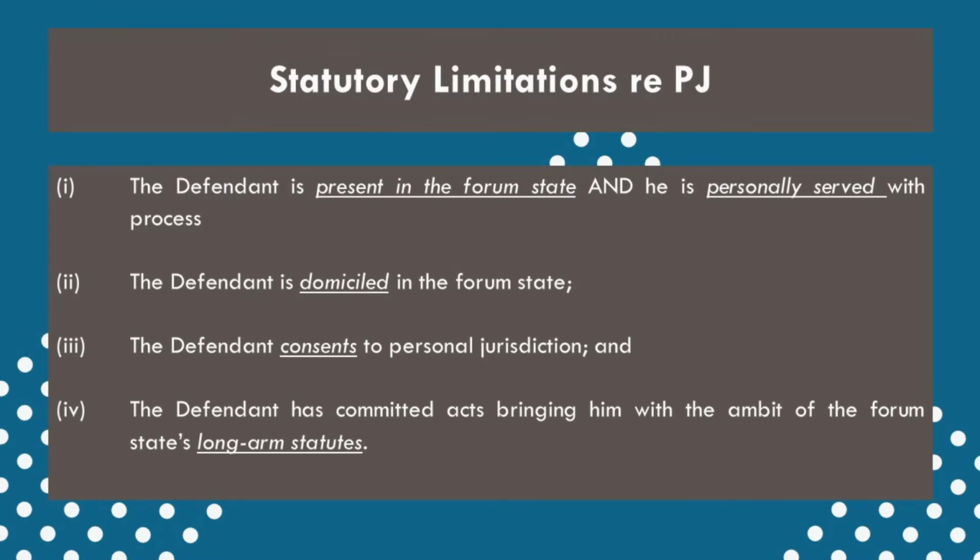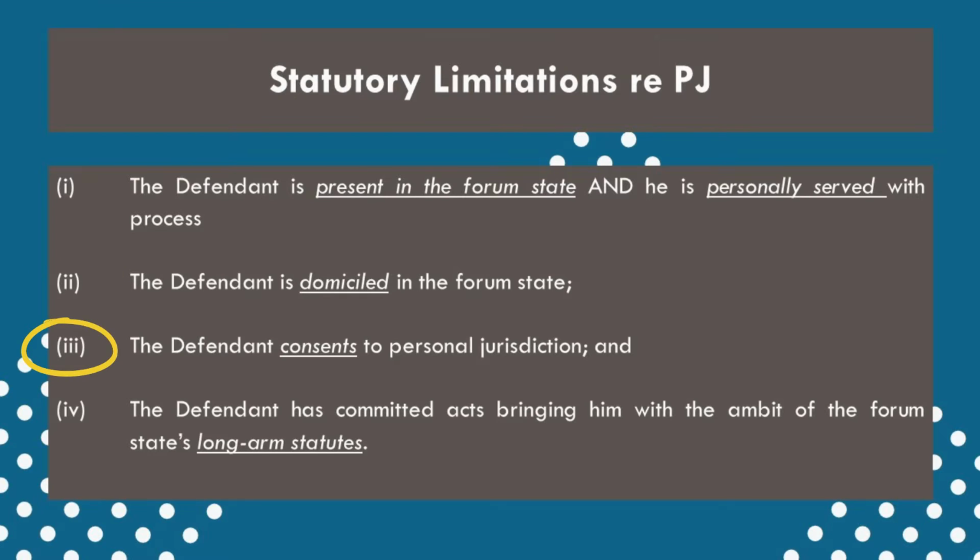Now generally, courts have four bases permitting it to exercise PJ in virtually any state. Bases 1, 2, and 3 are sometimes called the traditional bases, and were delineated in Pennoyer. These situations are when: 1. The defendant is present in the forum state and he is personally served with process. 2. The defendant is domiciled in the forum state.